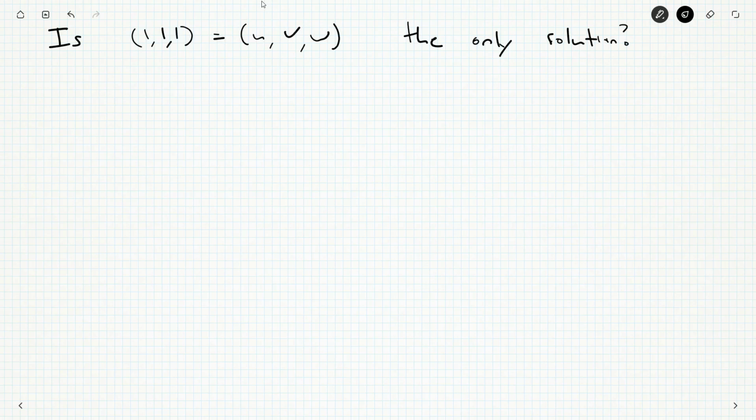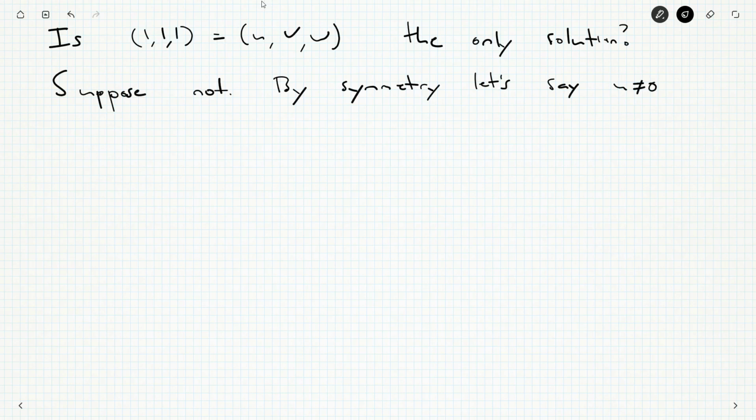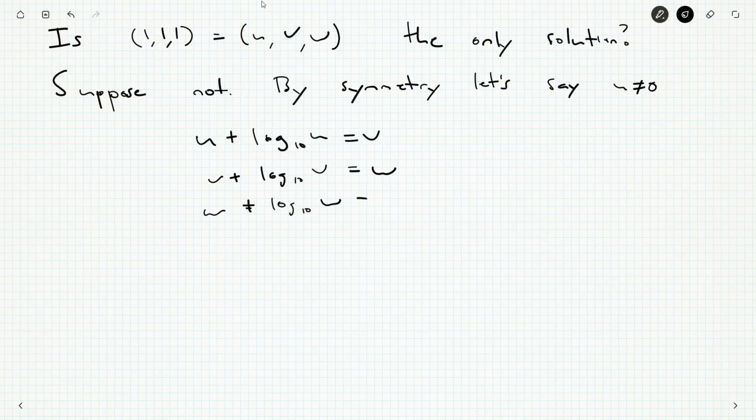Well, suppose not. So by symmetry, let's say u is not equal to 0. Now, my equations here all have logs in them.